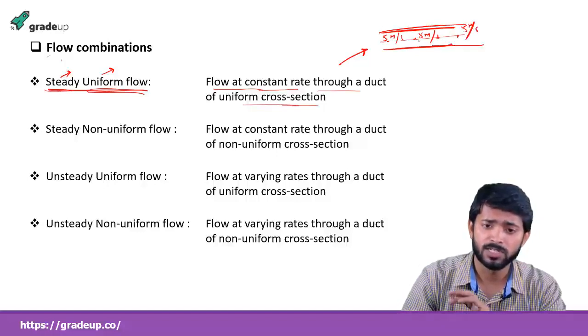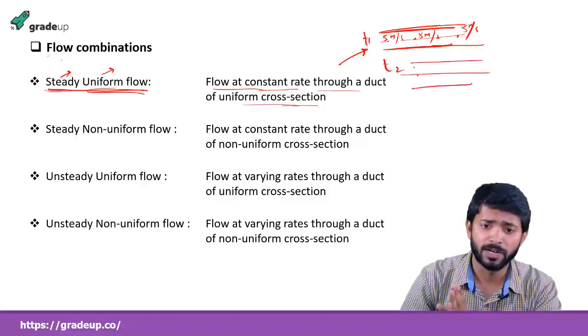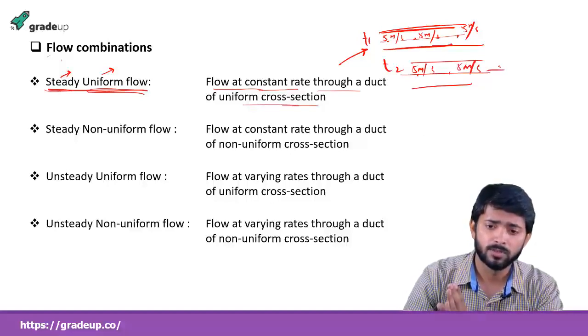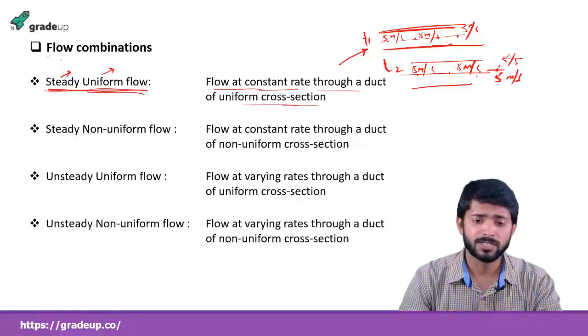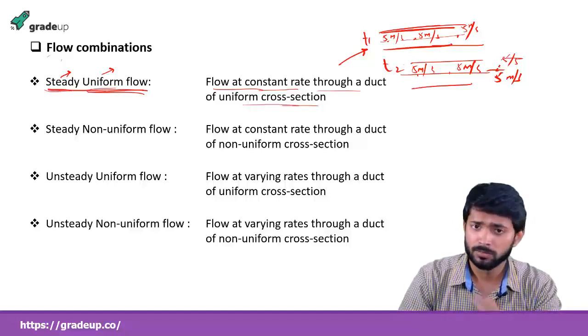The velocity is not changing with respect to the location. Say time t1 is given, at time t2 the same condition we get again, 5 meter per second. So this type of flow is known as steady, because it doesn't vary with time, and uniform, because it doesn't vary with location.